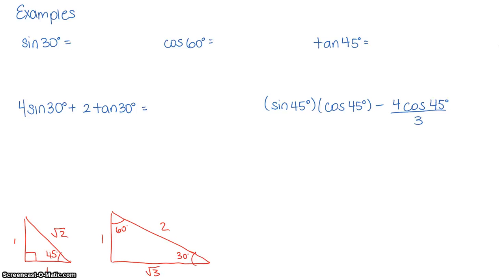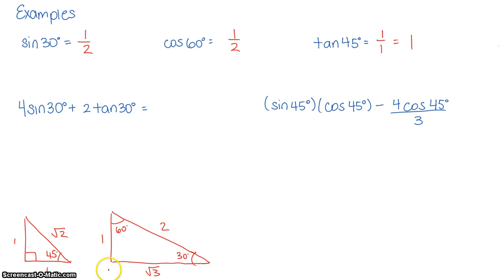These are things that you should know. Sine of 30 degrees, we would look at your 30-degree triangle, 1 over 2, and you're done. Cosine of 60, cosine adjacent over hypotenuse. And if I say tan of 45, opposite over adjacent, 1 over 1, so just 1. That's how quick it should be.